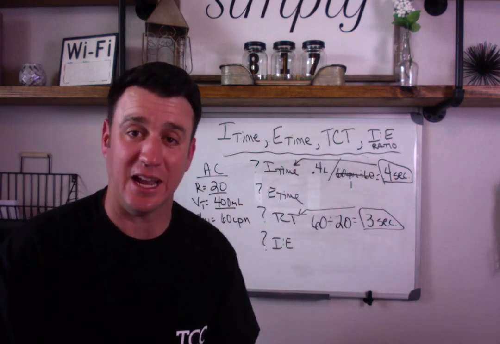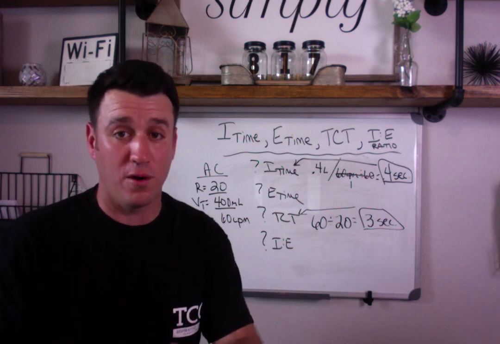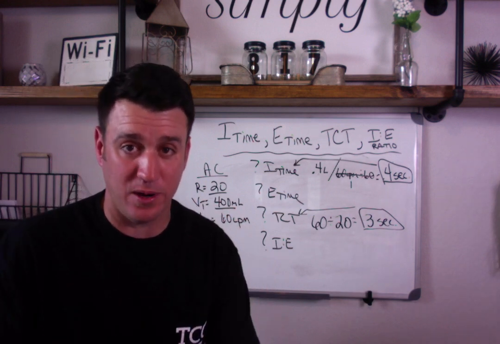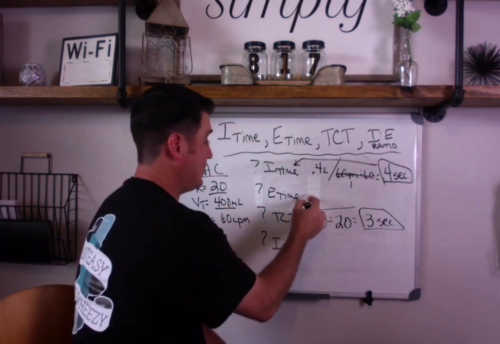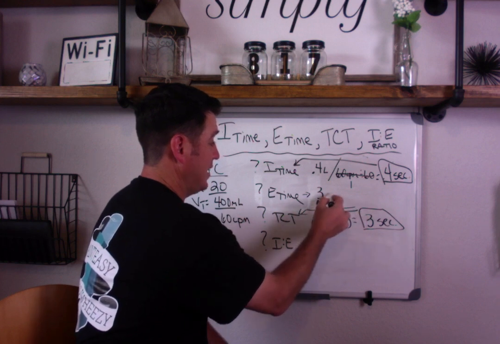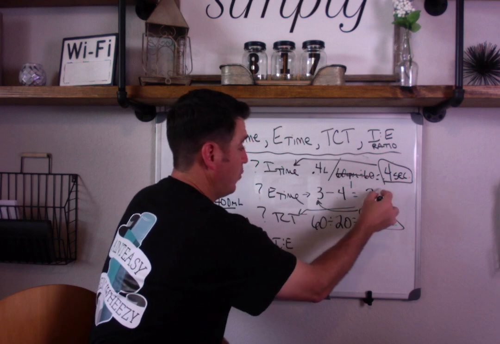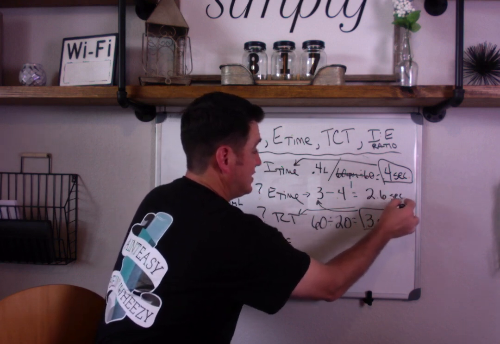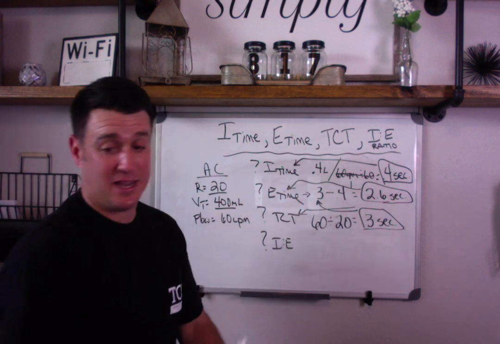So every 3 seconds there's a breath going in and coming out. 0.4 of that is inspiration. Okay? Everything else is expiration. So to get E time, now we can say 3 seconds from our total cycle time minus 0.4 seconds equals 2.6 seconds. And that is our E time.